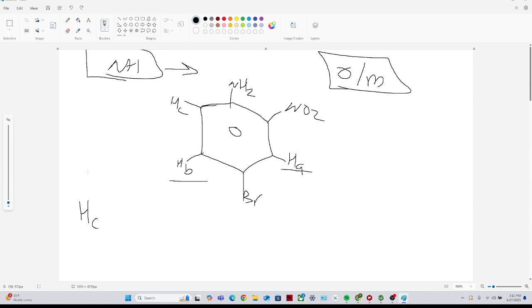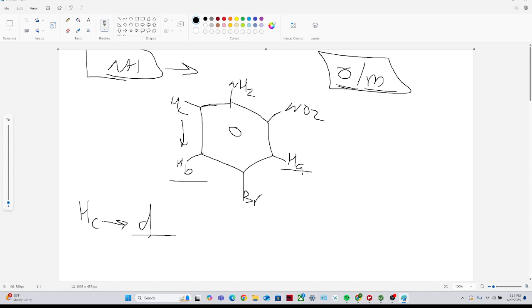HC, what is that going to get split to? Well, you have to do the ortho-meta coupling rule for benzylic rings, meaning that if you're at an ortho or a meta position to the proton you're looking at, you're going to couple to it effectively, or you're going to cause it to have a splitting pattern. So the only thing that is in an ortho or meta position to HC is just HB, right? Because that's ortho to it. And so I can say that HC is going to be a doublet.